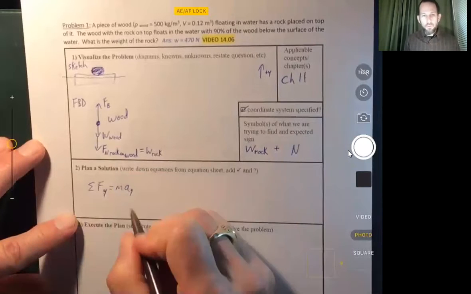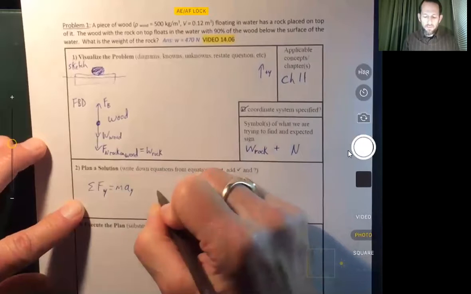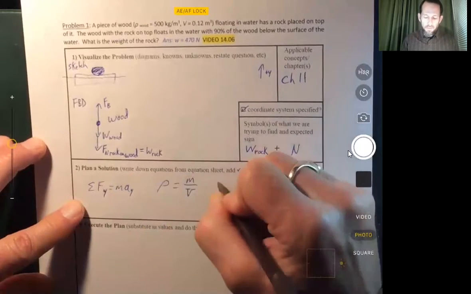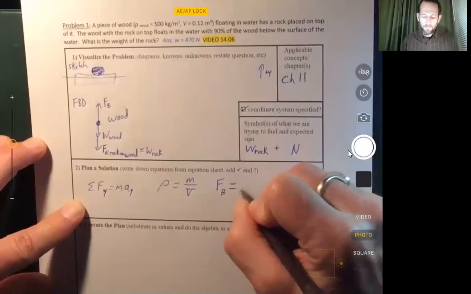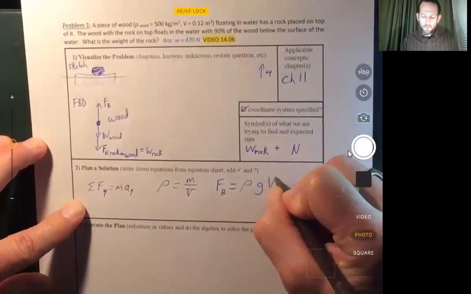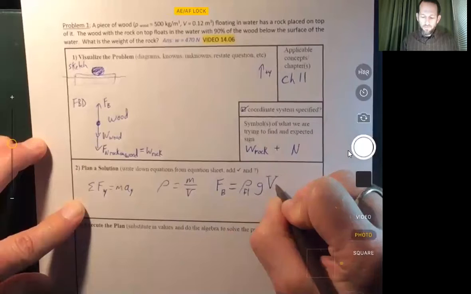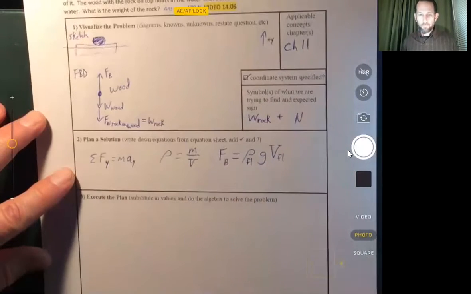We might also need to take advantage of the density equation and the buoyant force equation. And remember, in the buoyant force equation, it's the fluid's density and the volume of fluid displaced that are important.